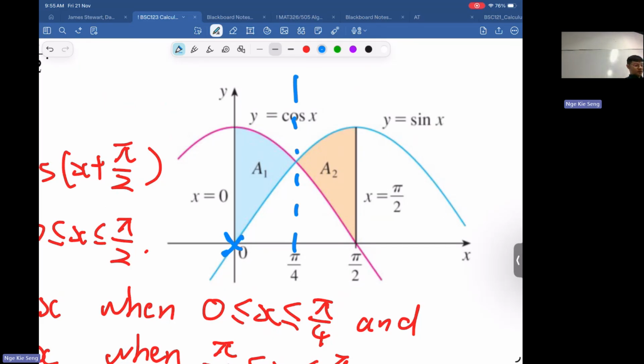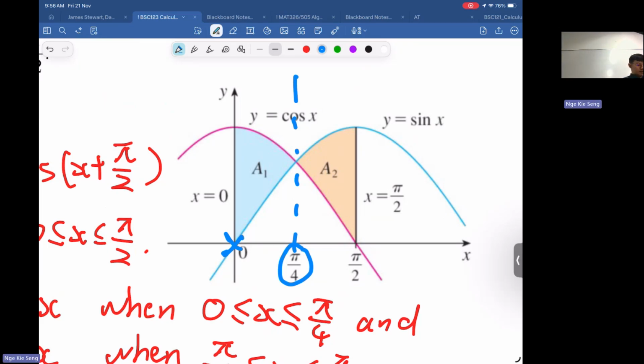You understand what I said? You need to treat your π/4 like a 0. So you have to do some shifting. So how should we do this? Let me think.